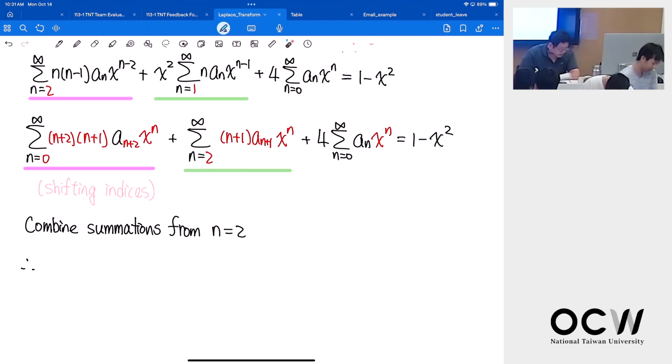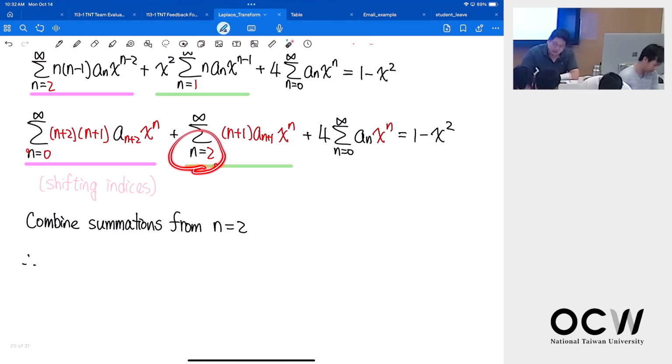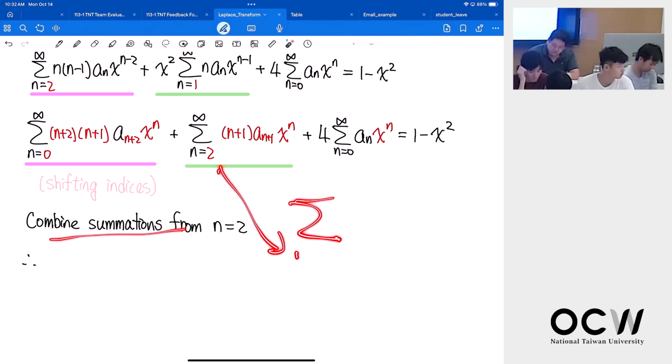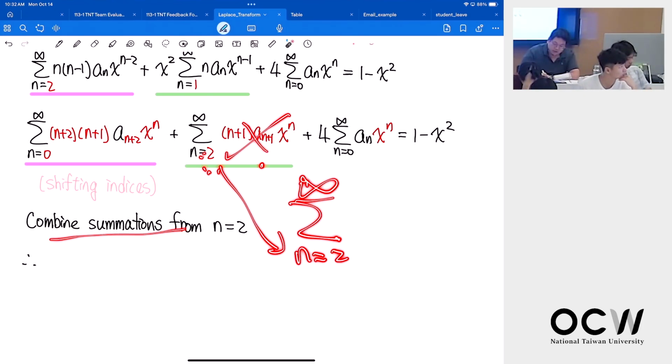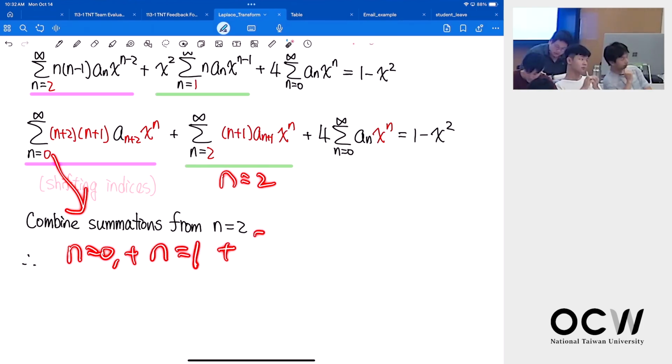Remember that if you try to combine these summations, this n is from 2 to infinity, this is from 0 to infinity, and this is from 0 to infinity. So when I combine the summations, I should do n from 2 to infinity. Because when n equals 1, there is nothing for the middle series. So when n equals 2, for this one I have n equals 0 plus n equals 1, and then do the summation n from 2 to infinity.